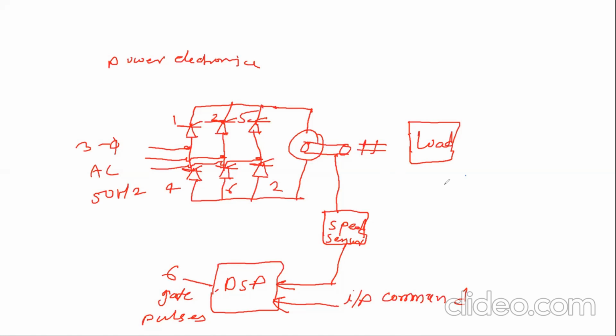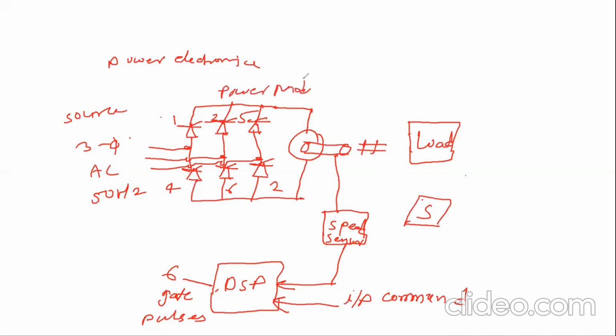The block diagram of electrical drive. This part is the source. Now I will draw the source here. Then this part which modulates input power, it converts input power from AC to DC, therefore it is a power modulator.